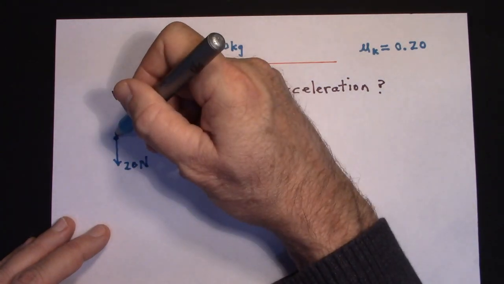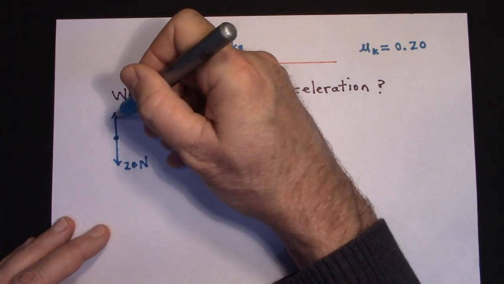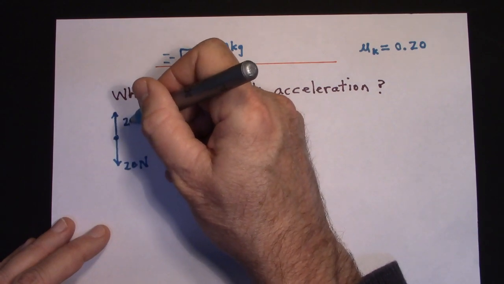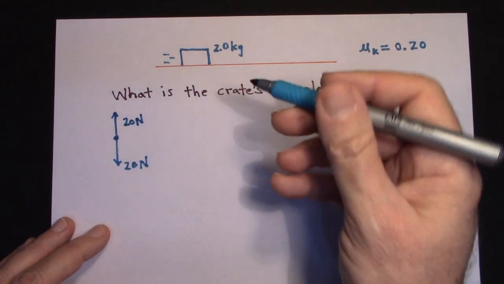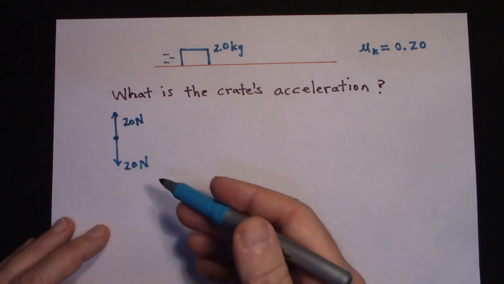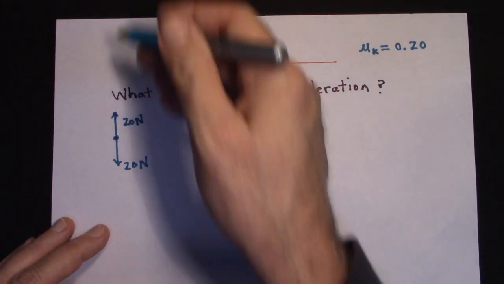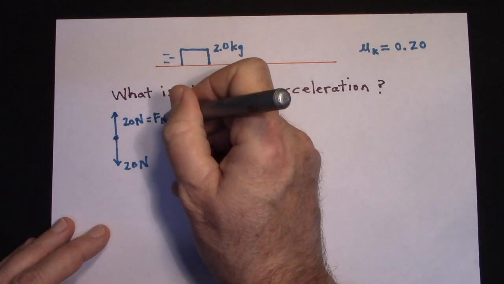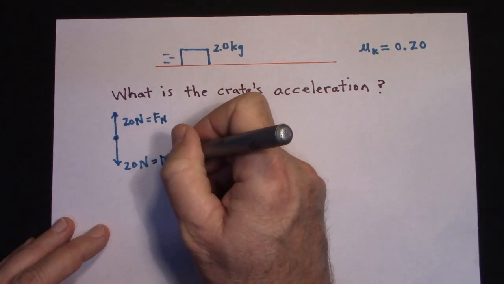And then there's a normal force upward on the box. It's got to be 20 newtons because the box isn't going to go up in the air or come down. Because I know it's not accelerating in the y direction, the normal force has to equal the force of gravity.